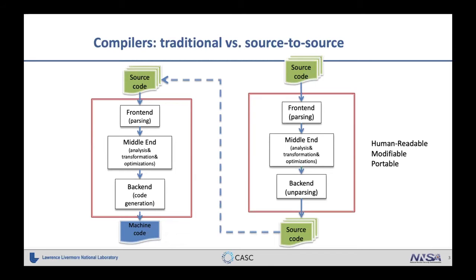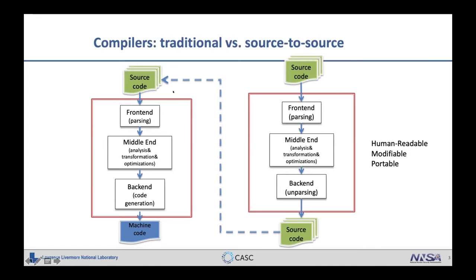So before I get into the actual talk, I want to give you some big picture. In terms of compilers, in my view, there are 2 types of compilers. We have traditional compilers. We also have source-to-source compilers. As you can see on this slide, both types of compilers share almost identical design and internal components.